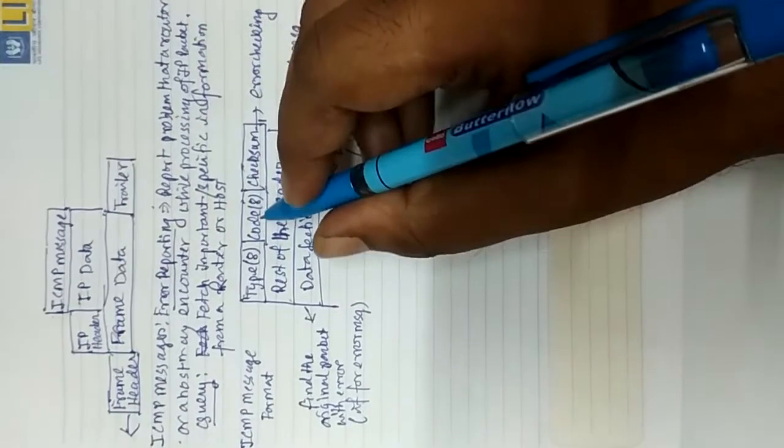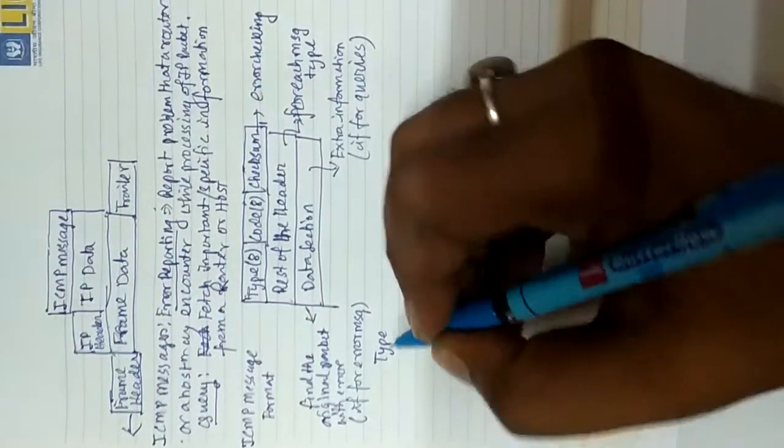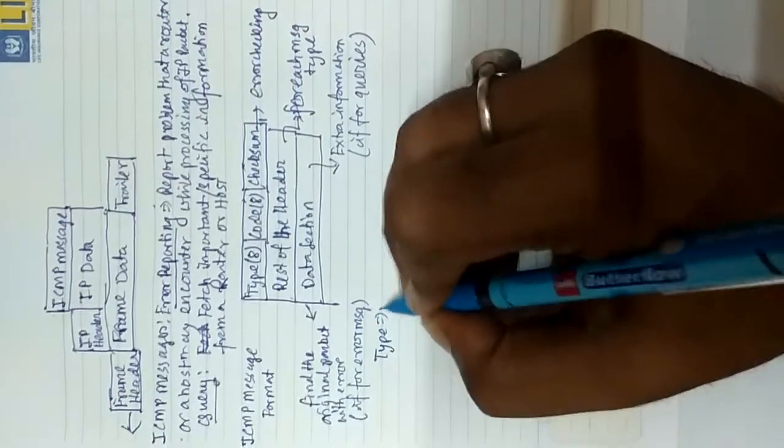Now the remaining two are type and code. I write over here type, it is of 8 bits. So type is the message type.